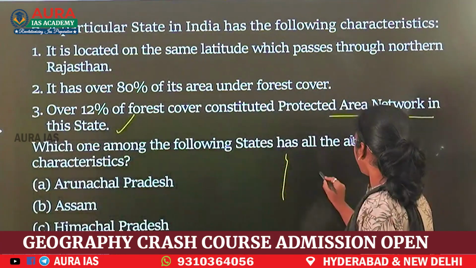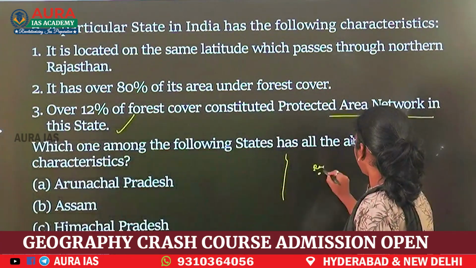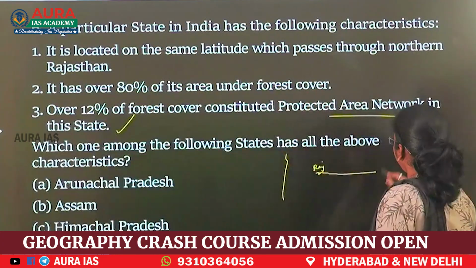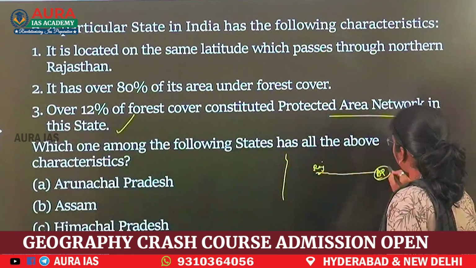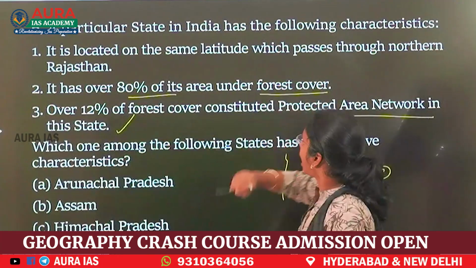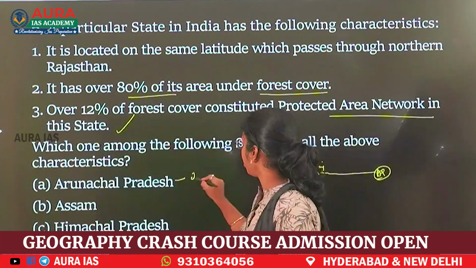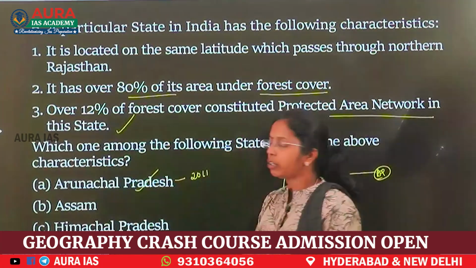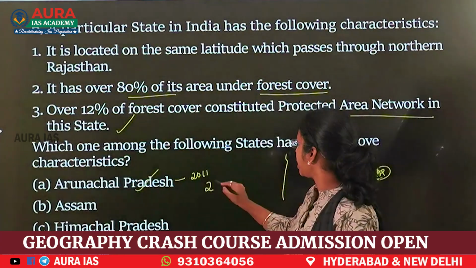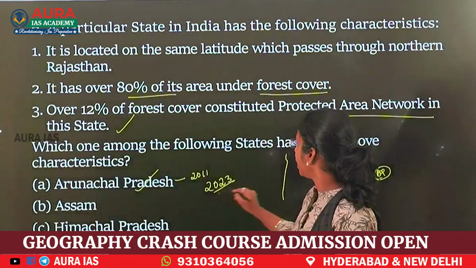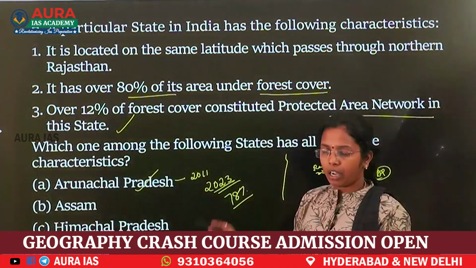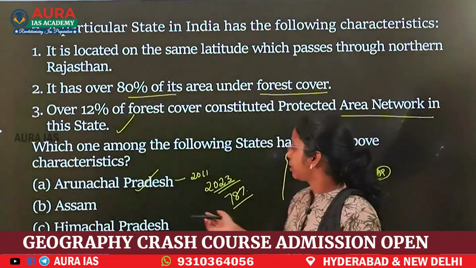When you take India map, northern Rajasthan, same latitude passes through Arunachal Pradesh. 80% of its area under forest cover. According to 2011 reports, Arunachal Pradesh has 80% of its area under forest cover. Now recently in 2023, around 78% of area is under forest.